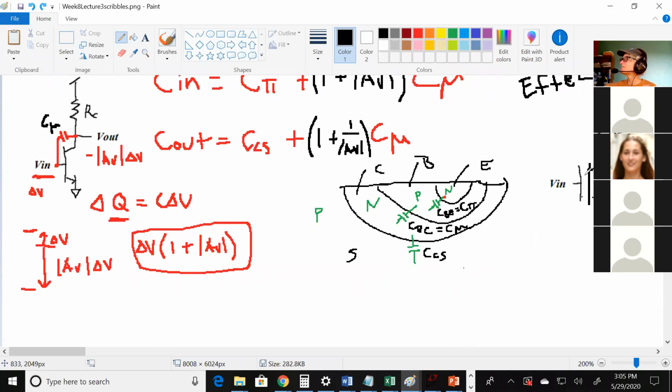And you can get rushes of current going into the gate. So even though there's no current going through the gate, because there's capacitance on it, at high frequencies you get current going onto this and off of it. You get really large currents going into the input of a MOSFET.